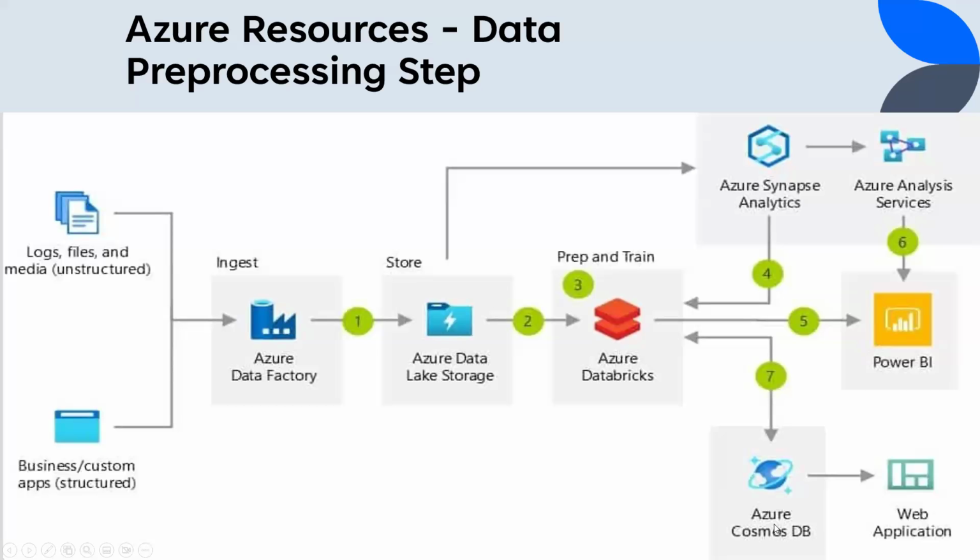We could use Azure Cosmos DB if there is a huge amount of data that is pre-processed and it has to be used. And then from the Cosmos DB, it can be fed into a web application here. So the web application, I'm thinking, is the one that will call into the ML model. The ML model will use this data. And then Azure Analysis Services. So this is related to the Azure data analytics.